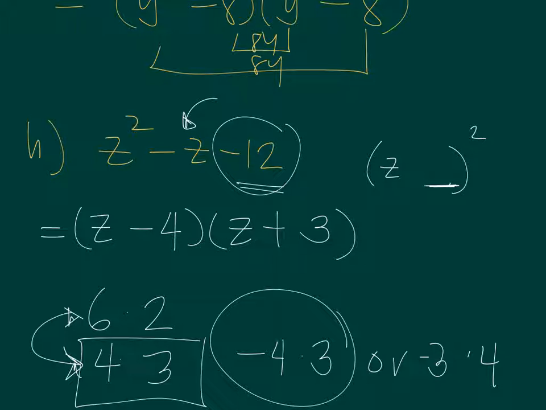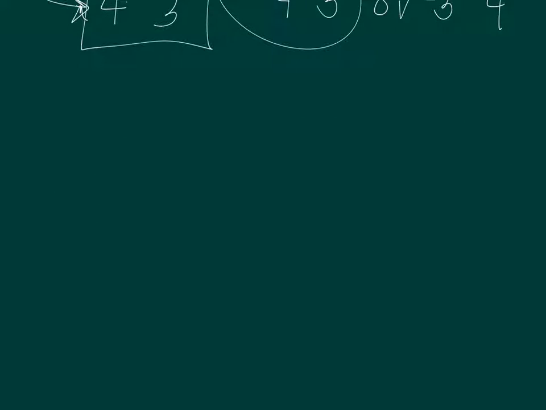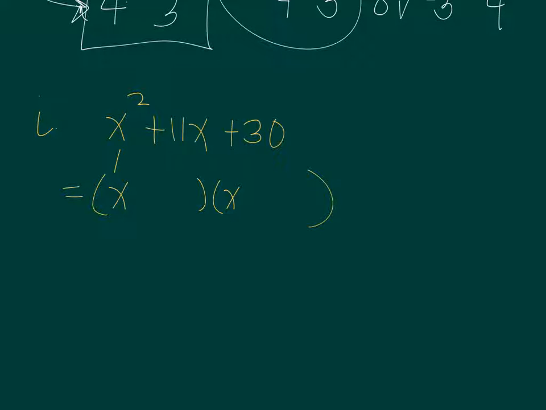Next, we have letter I. In letter I, we have x squared plus 11x plus 30. So this time 30 is also not a perfect square, so we have to resort to the usual method of factoring trinomial expressions. So we select x and x for x squared, and then we have to pick combinations of 30 leading to the sum 11.